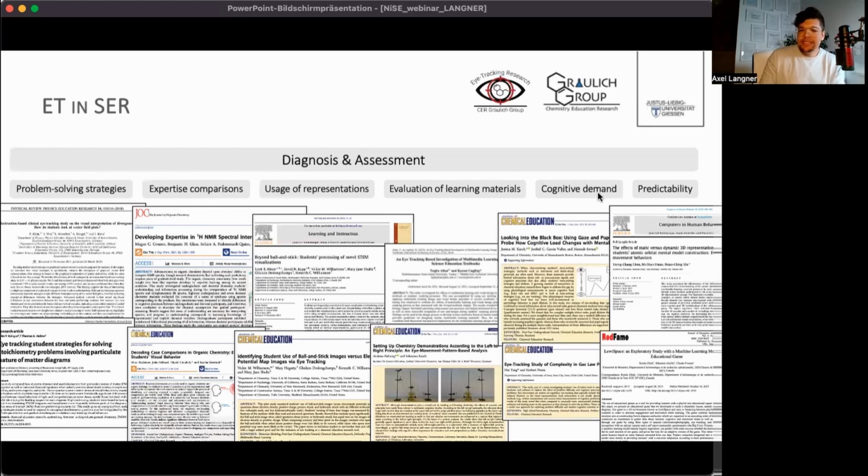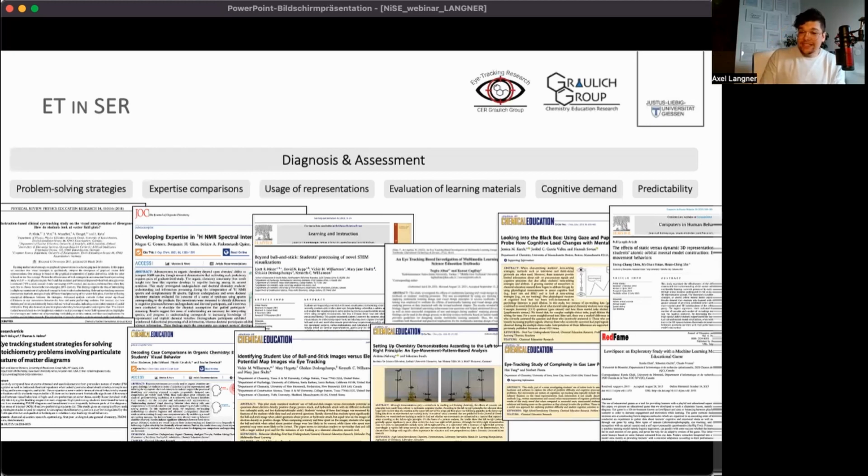And also, they try to measure the cognitive demand, like cognitive load or mental demand. This you could do with fixation duration, but also with the pupil dilation. Pupil dilation is the rate at which the pupil size changes.